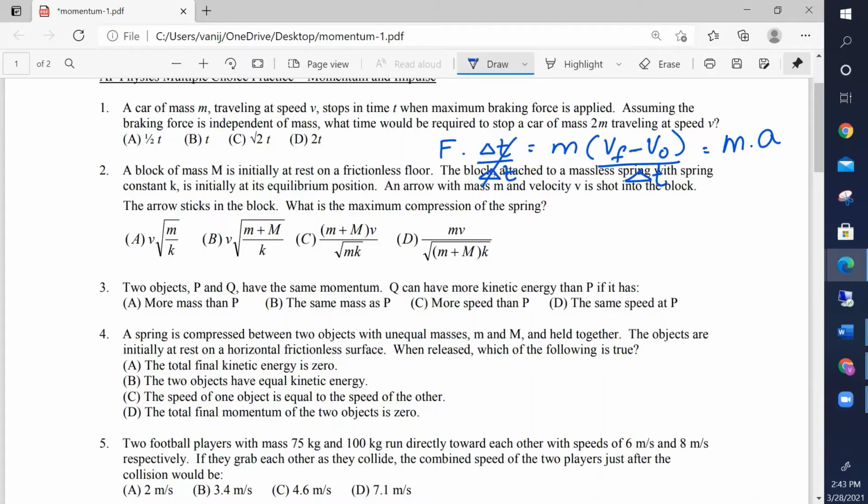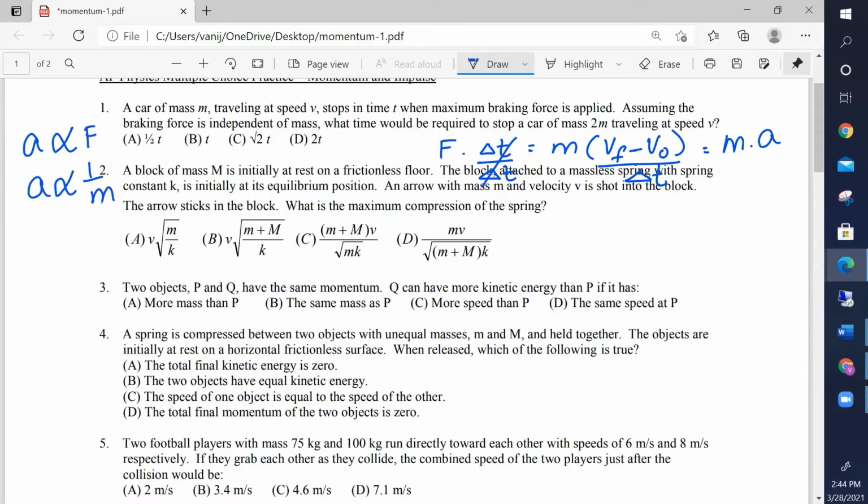Now, using the simple logic of F is equal to m times a, your Newton's second law, as the mass increases, what happens to acceleration? Keep in mind, acceleration is directly proportional to force and inversely proportional to mass.